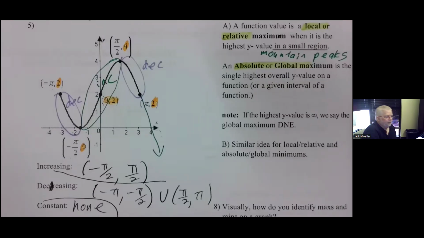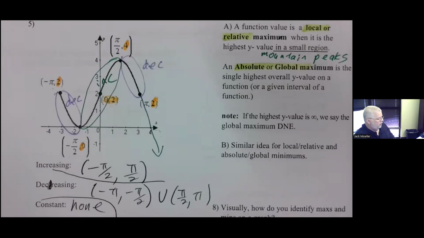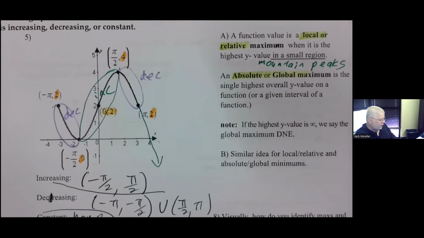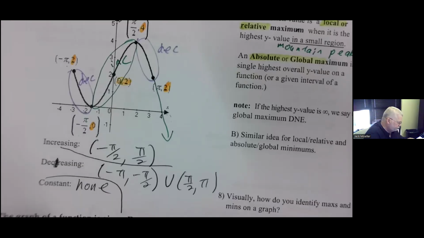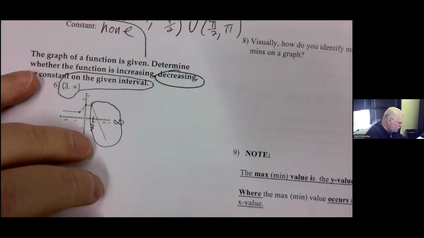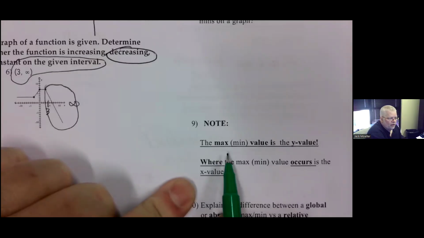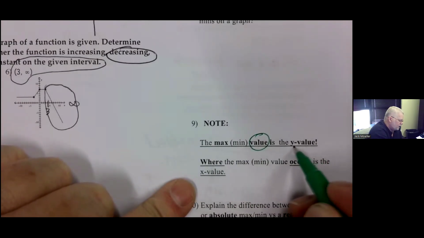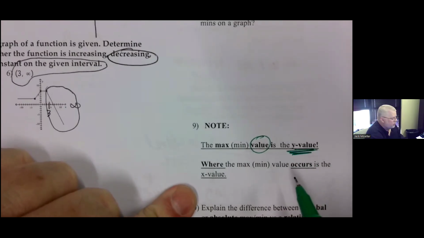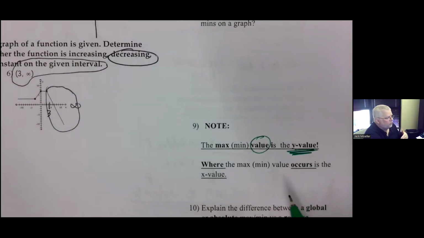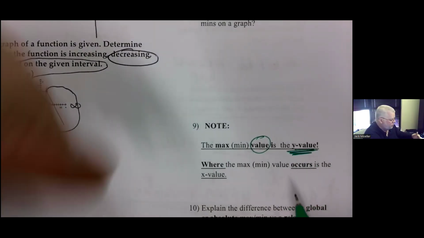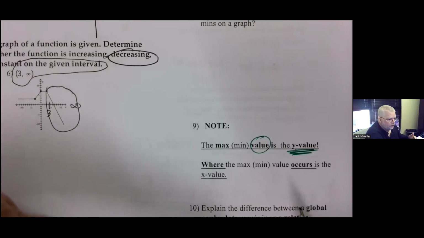All right. So, like I said, I think the idea is relatively straightforward. But now here's where you have to be careful about answering the question. If they want the max or min value, that is the y value. So what's the highest point, what's the highest value, what's the lowest value? We're talking y values.